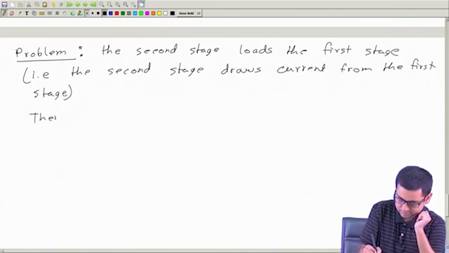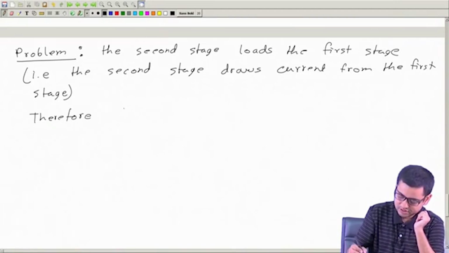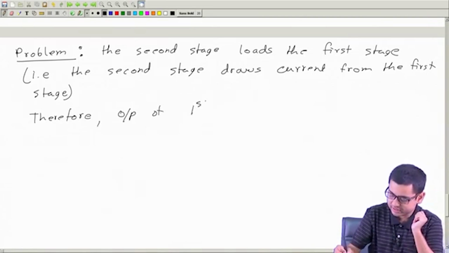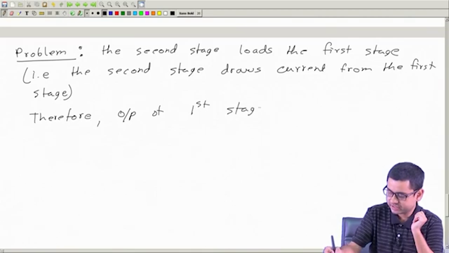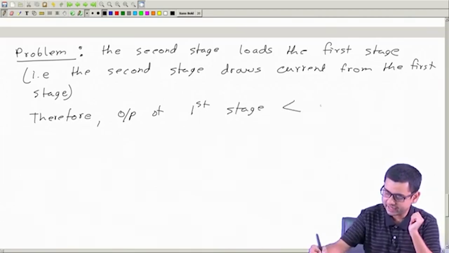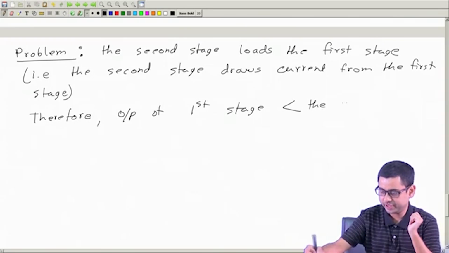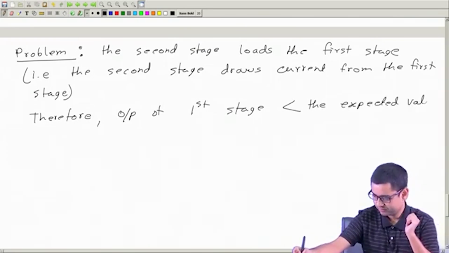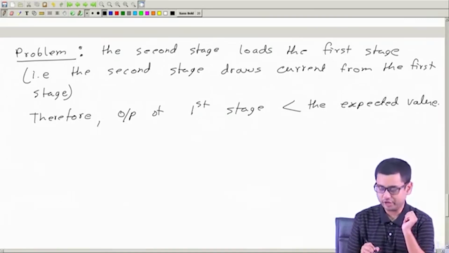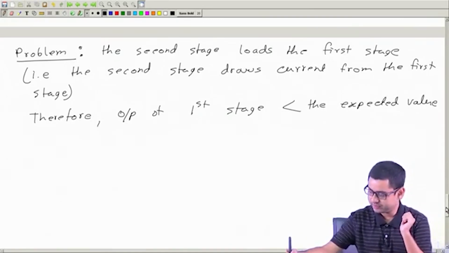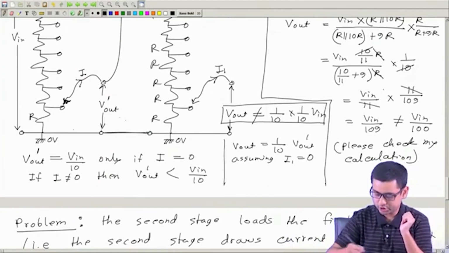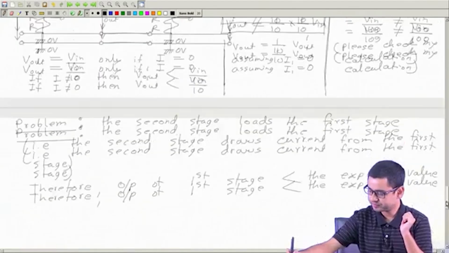Therefore, the output of the first stage is less than the expected value. Okay, expected value, I think you understand. In the previous case, expected value was 1 over 10, but the actual value was less than that.